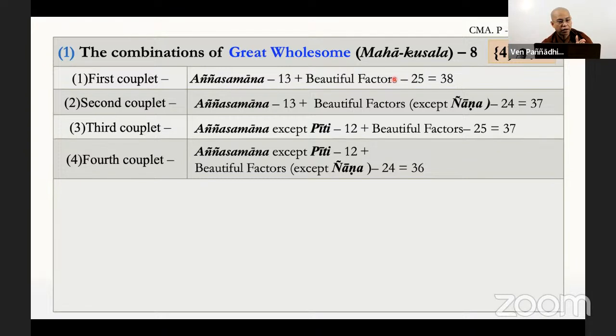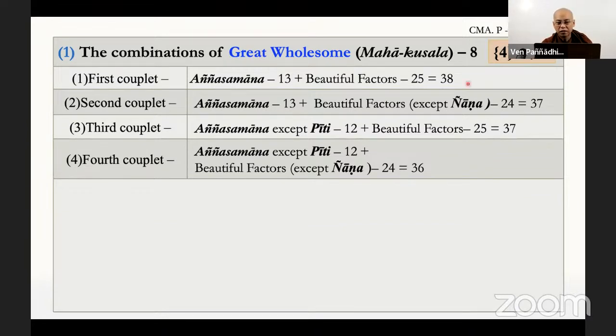For Mahavibhaga, Virati and Appamanna, the 2 groups together, 5 mental factors will be an exception. So the first couplet will be 33. And the second couplet, 32. And the third, 32. And the fourth, 31. Now let's consider the Mahakiriya.